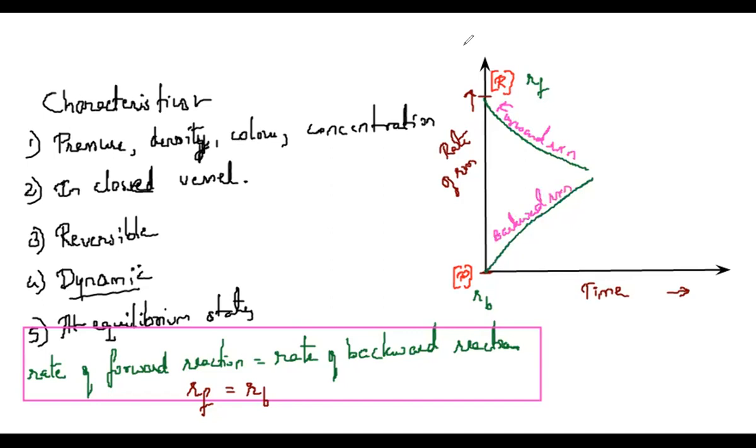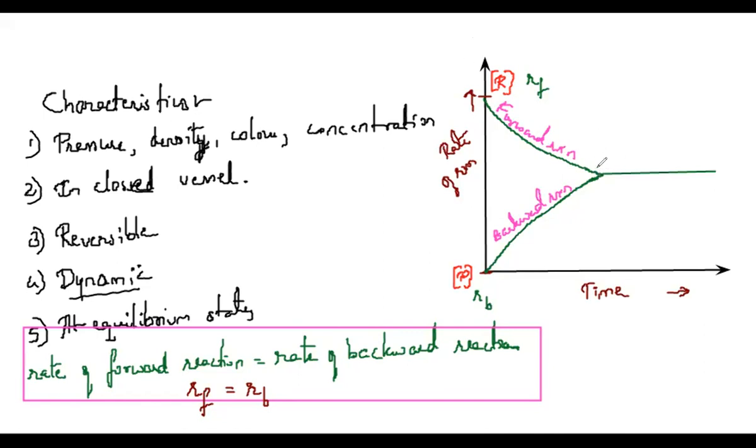Then a state is reached where the rate of forward reaction and the rate of backward reaction become the same. You can see here, it proceeds like this. So what does this mean?